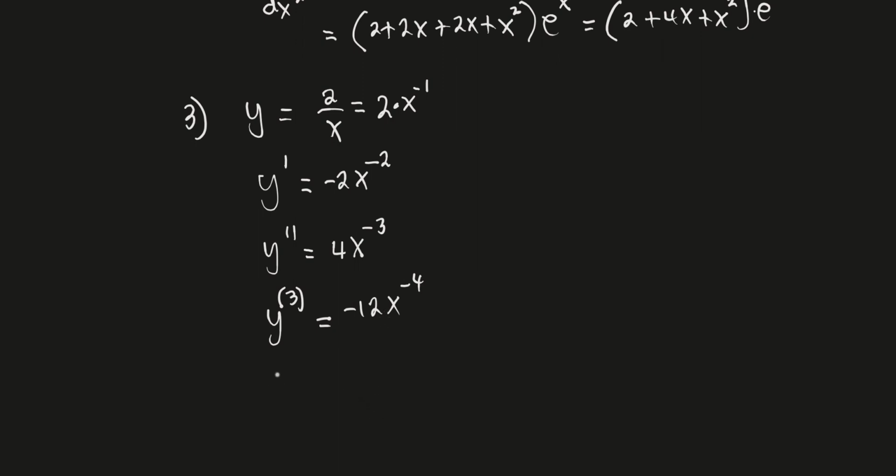Never, right? So let's write down our fourth derivative as promised, and then that becomes a positive 48 x to the negative 5th. Now, if we know that this is where we're going to end, and if we want to write our fourth derivative in the same format as our original function, then this becomes 48 over x to the 5th.